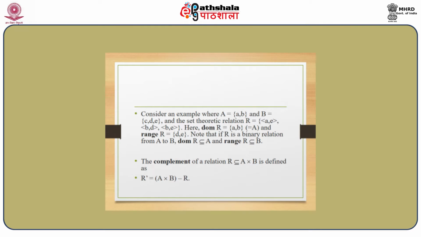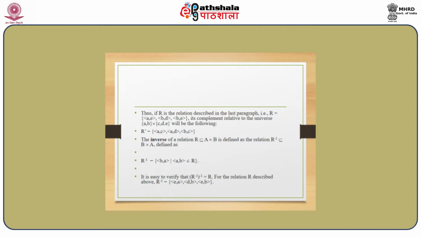This is because a relation can be a subset of more than one Cartesian product, and its complement will differ according to what Cartesian product we are taking to be the relevant universe. Thus, if R is the relation described in the last paragraph, that is, R equals AE, BD, BE, its complement relative to the universe, the Cartesian product of A, B and C, D, E, will be the following. R apostrophe equals AC, AD, BC.